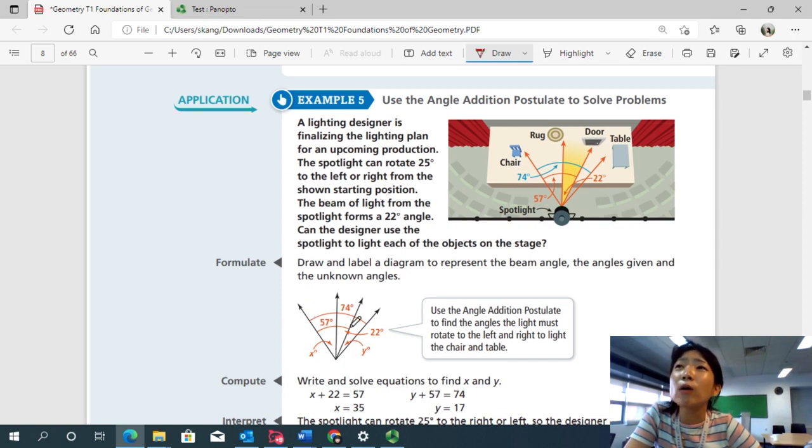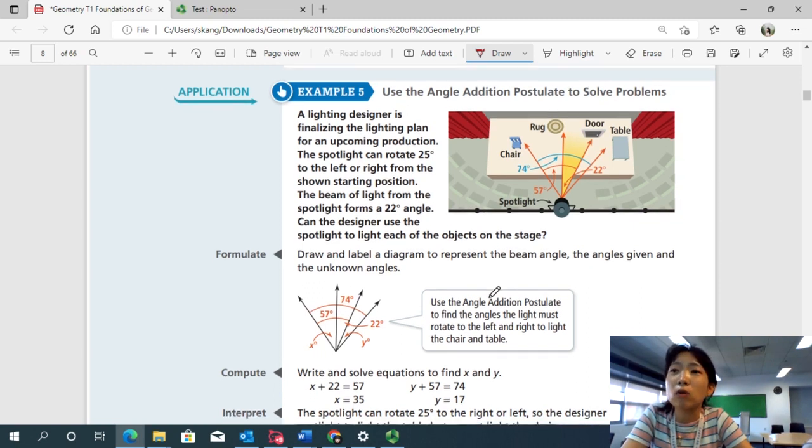The spotlight can rotate 25 degrees to the left or right from the shown starting position, which will be here. And the beam of light from the spotlight forms a 22 degree angle. So you can use the angle addition postulate to find the angles the light must rotate to the left and right to light the chair and table.